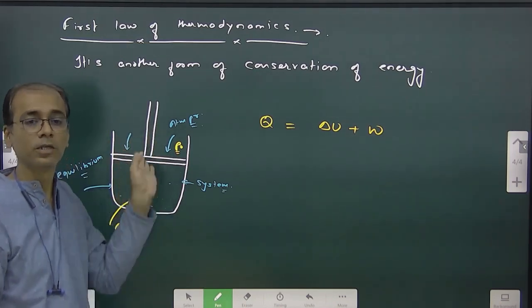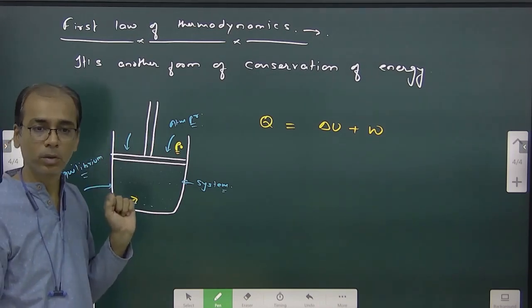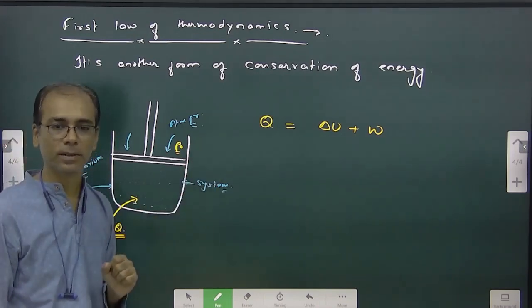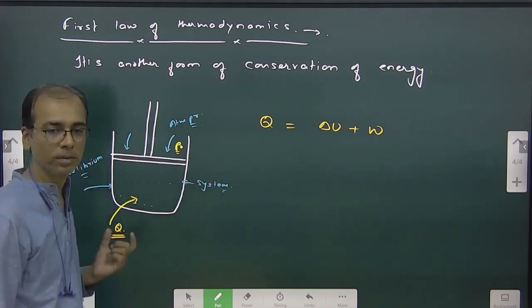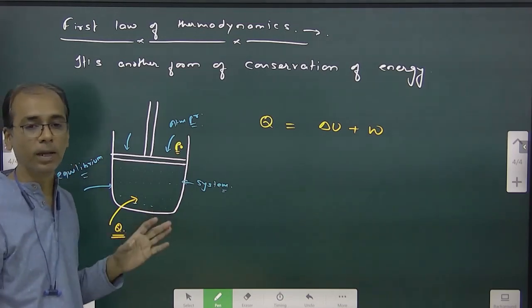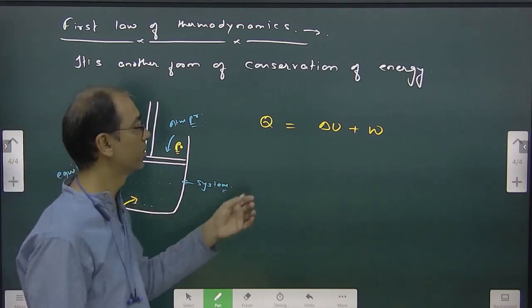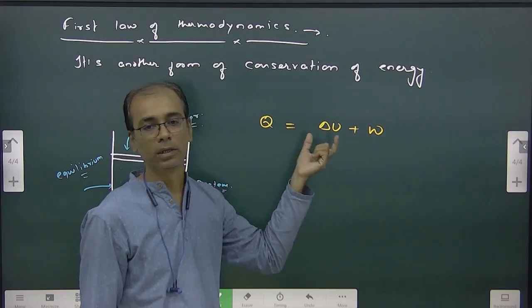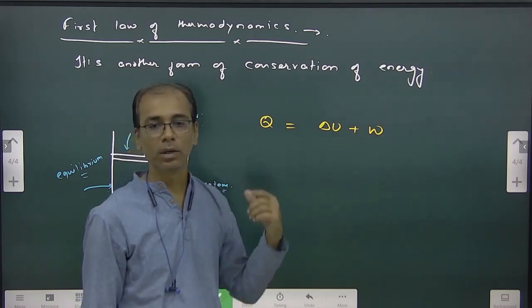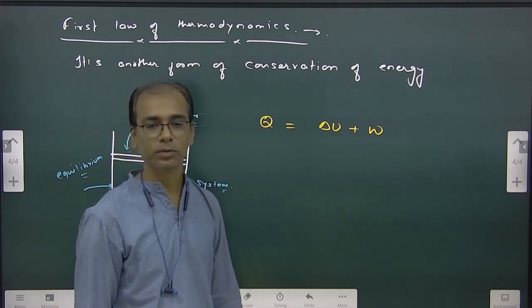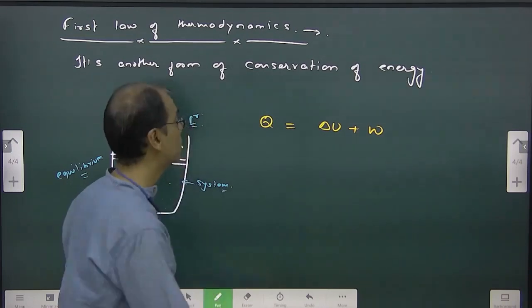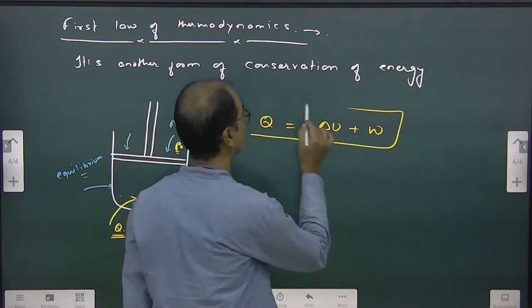So now, what will we say? Expansion has also happened, and internal energy also has increased. Because of what has it happened? Because of this Q. So heat supplied to the system is utilized in two ways. One, in increasing internal energy, and second, in doing work. Both have been done. So this is called the first law of thermodynamics.